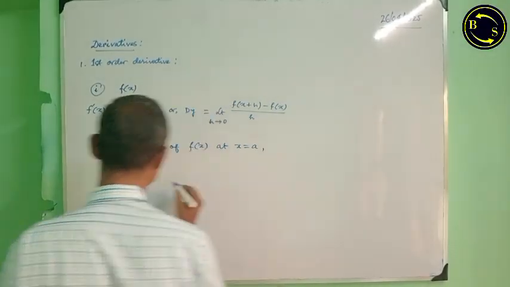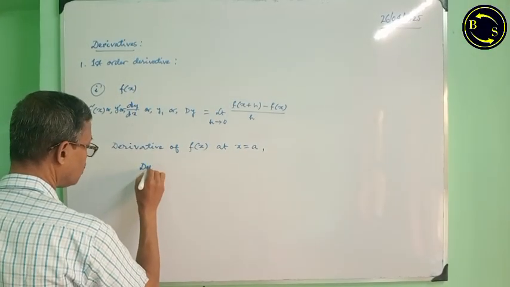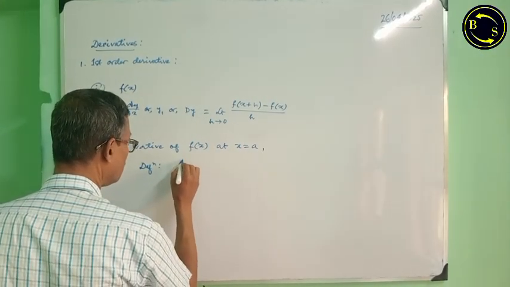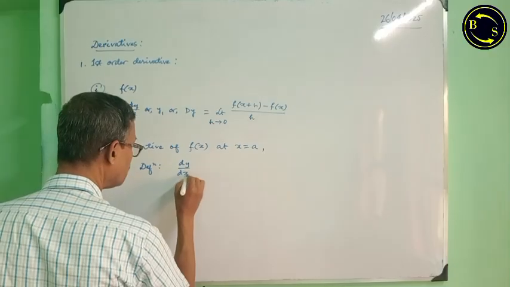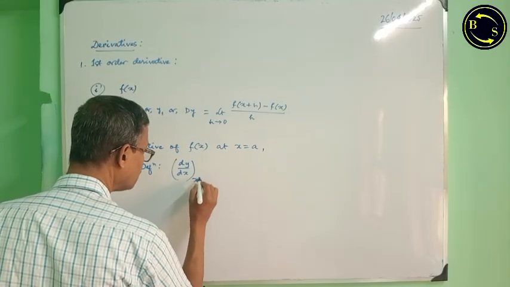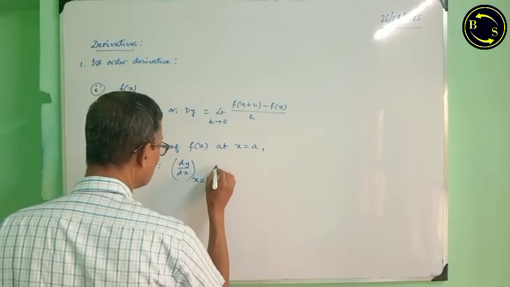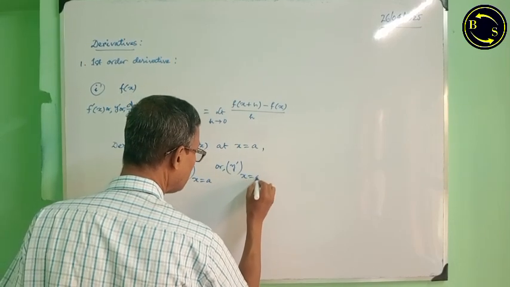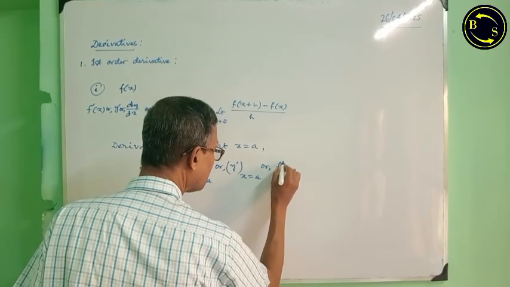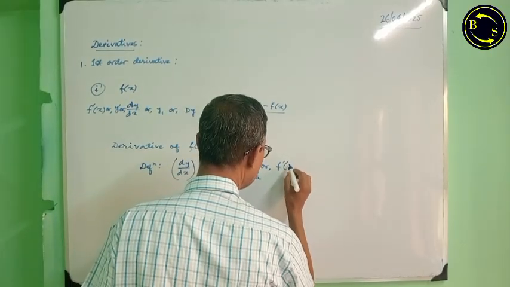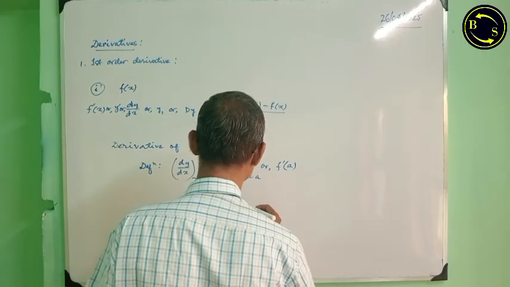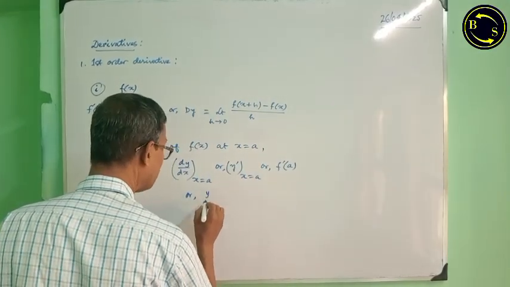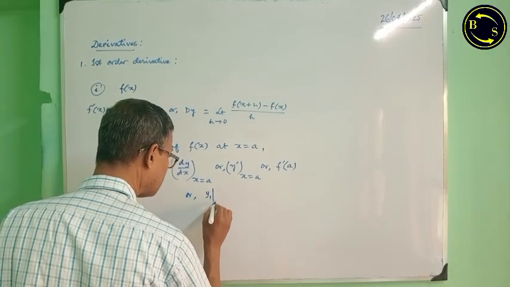Definition is dy/dx, symbol is this, at x equal to a, or y dash at x equal to a, or f dash a, or y1 at x equal to a.